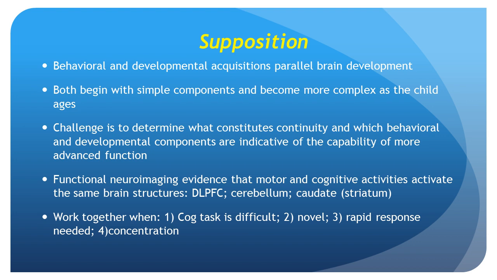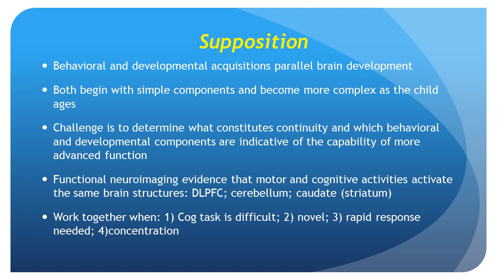And what happens here is that some apparently unrelated behaviors may have similar underlying circuits. The functional neuroimaging evidence suggests that motor and cognitive activities activate the same brain structures: the dorsolateral prefrontal cortex, the cerebellum, and the striatum, or caudate.